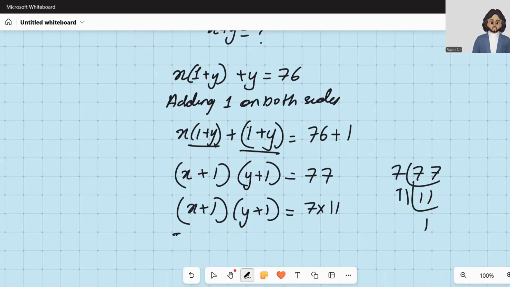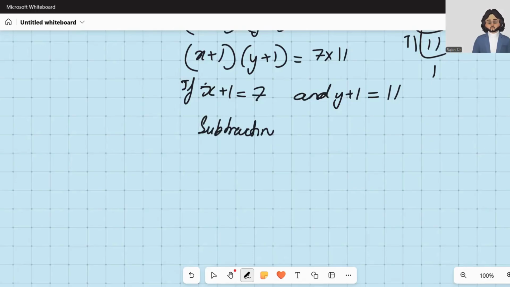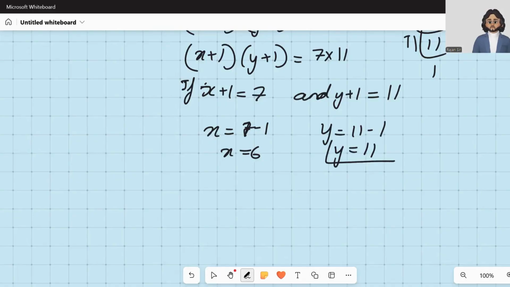Now there are two cases from here. If we take x plus 1 equals 7 and y plus 1 equals 11, then subtracting 1 on both sides, x equals 7 minus 1, so x equals 6, and y equals 11 minus 1.